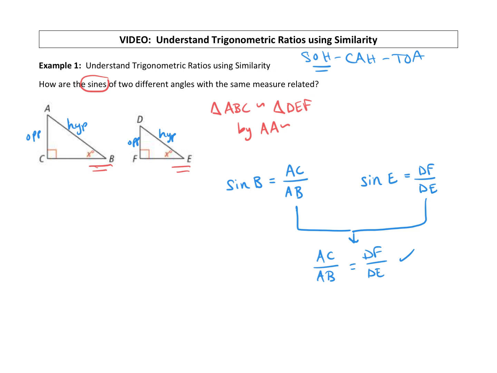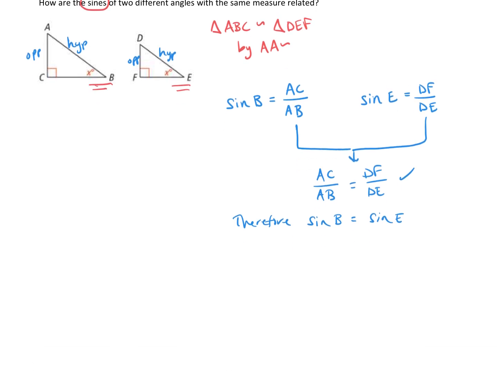So if those are true, that means that the sine of angle B must be equal to the sine of angle E. Because we know that sine of B is equal to this, sine of E is equal to this. Well, if these are the same, then sine B must equal sine E.